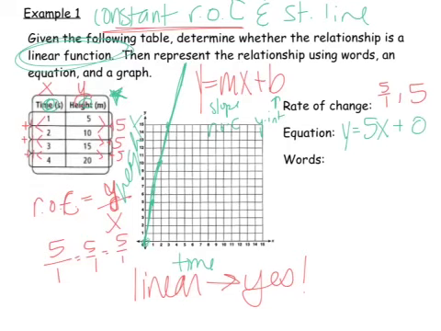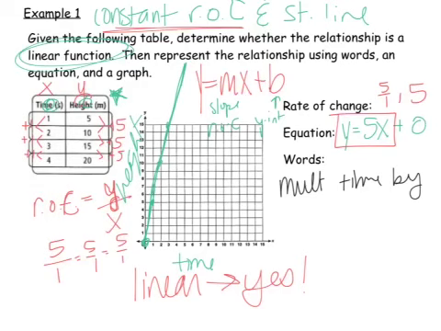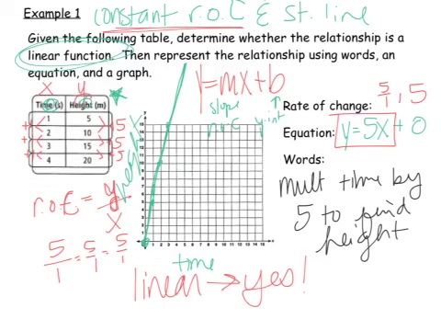So we could just write y equals 5x. If we were going to put this into words, we would say to multiply the time by 5 to find height. We're not adding anything, so we don't need to say add anything.